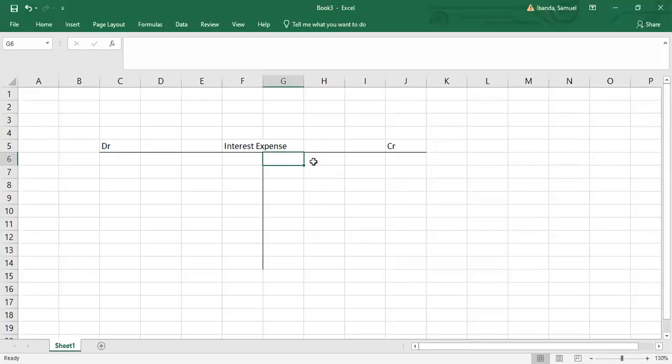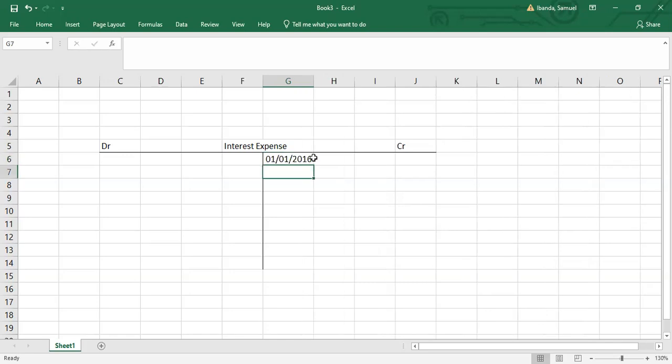Since it's a balance brought down, I'll put the date, this was the first of 2016, and I have the balance brought down. The balance brought down is of course 15K, it's 15,000. And then I'll record my balance.